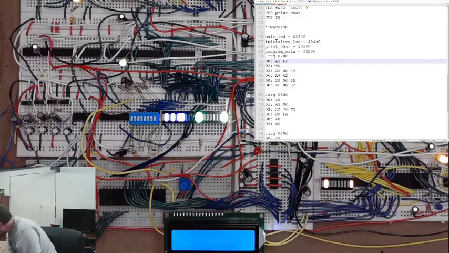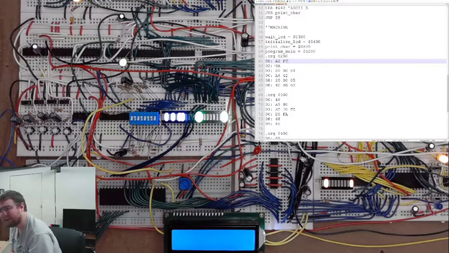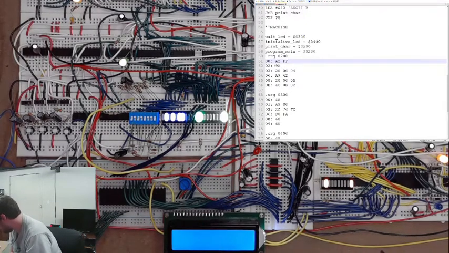Which is it? Already wrong again? Why? Did I put it in wrong? What happened? This is currently 6A.